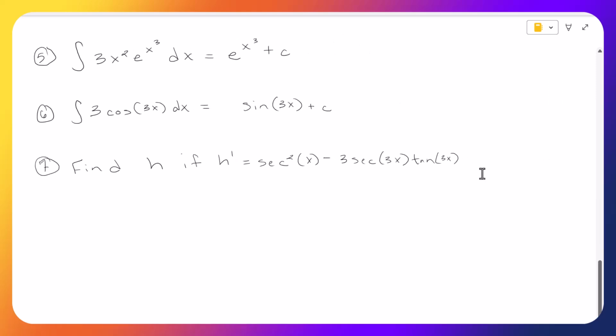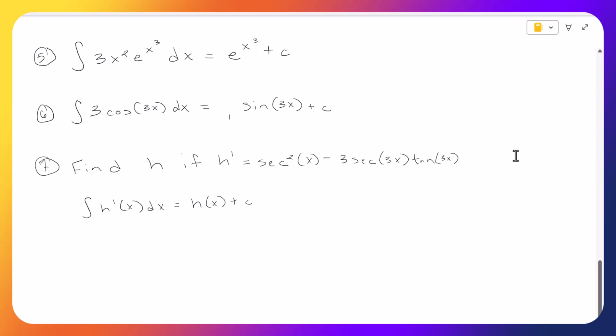Well, remember, what is the relationship between a derivative and an integral? They're inverses. So if I integrate h prime of x with respect to x, that's going to just give me h of x plus c.